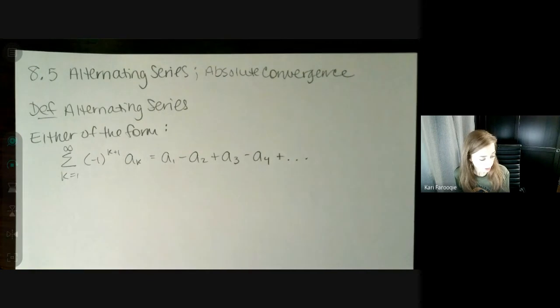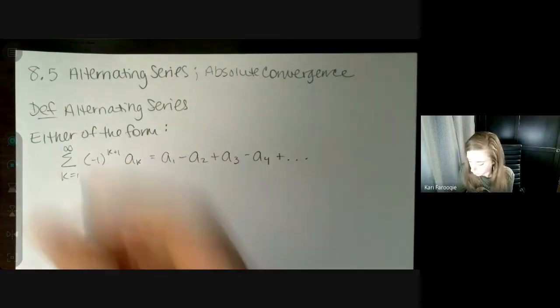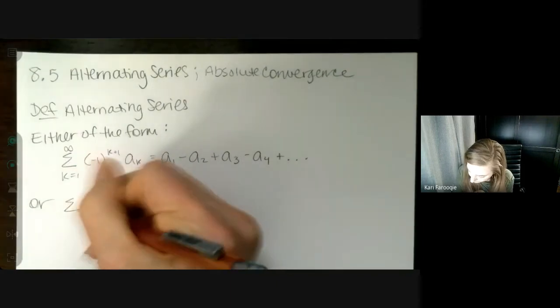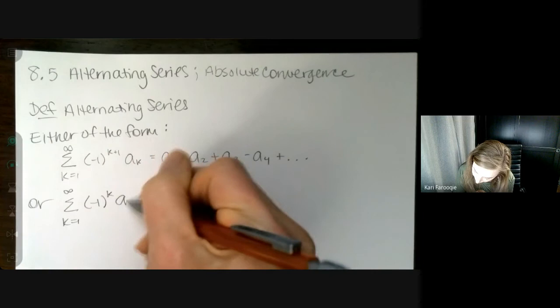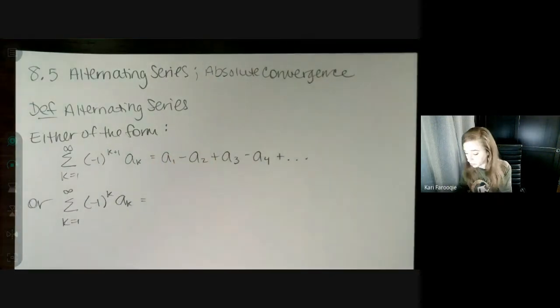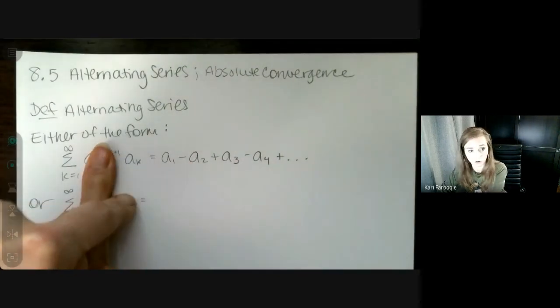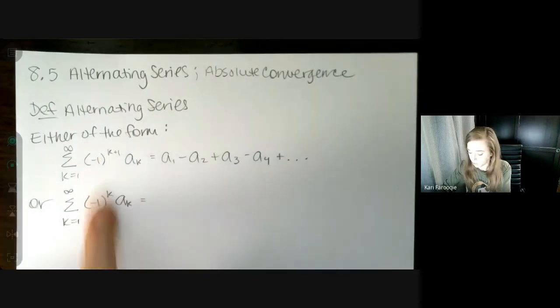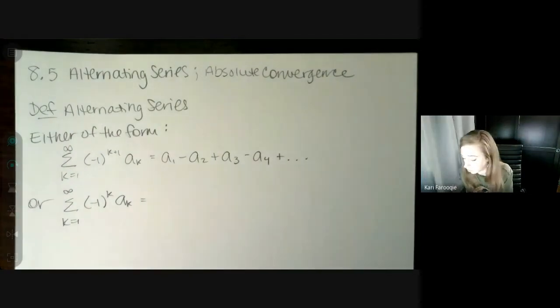Or you could be of the form negative 1 to the k instead of k plus 1, multiplied by a sub k. So keep in mind, the only difference here is we normally just have a sub k without an alternating piece. So normally you have this series. All this is doing here by putting this alternating factor in here is it's just switching the signs of the consecutive terms.